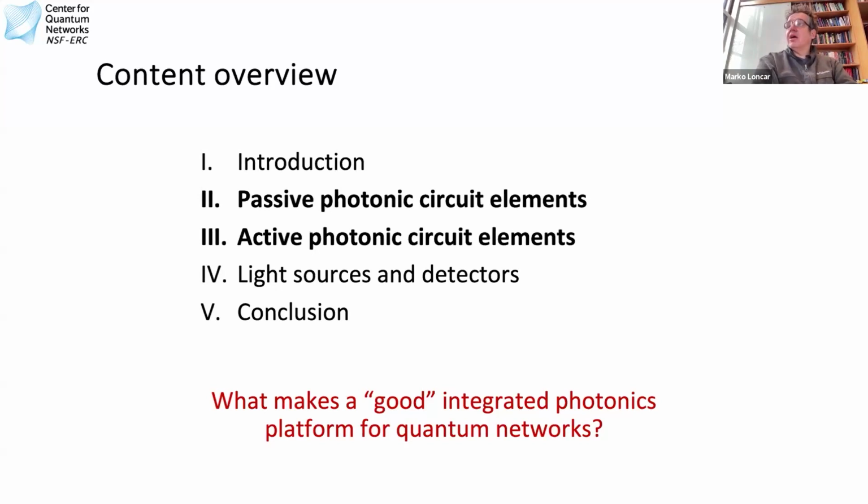Before I go into this, the reason why I personally am super excited about quantum photonics is this challenge of making the smallest loss, the fastest, the most efficient, most integrated devices that you can, which will then definitely find applications in the classical field as well.